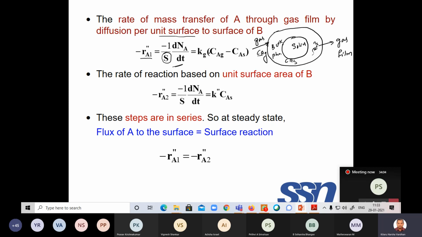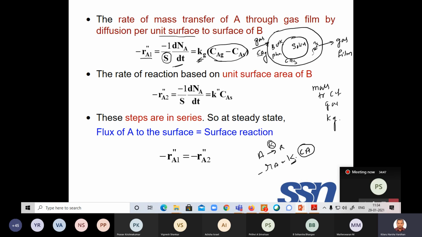This rate can be written in terms of K, which is Kg, the mass transfer coefficient in the gas phase. Just like in the previous case, you write minus RA is K into Ca, where K is the temperature dependent term, or rate dependent term, and Ca is the concentration dependent term.